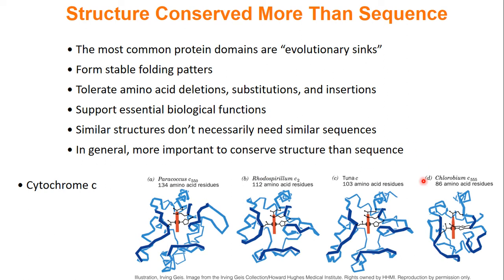Now, if I just gave you the primary structure of these 4 proteins, you could not tell they were related. However, when looking at the pictures, you can see that they all pretty much look the same. So they are very much related. And the takeaway here is that generally, evolutionarily speaking, it's more important that the structure is conserved than the actual individual sequence or individual amino acids.